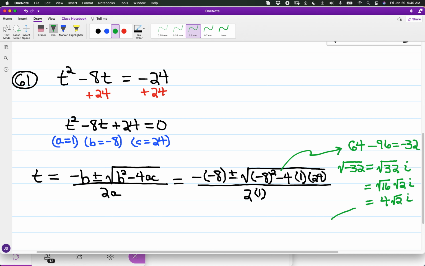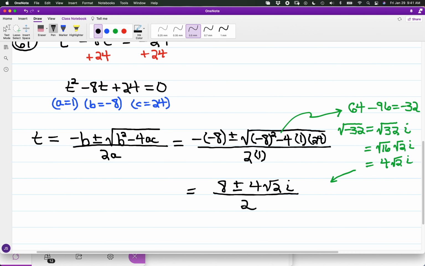Okay, so relaying this over to the next step, we have positive 8 plus or minus 4 times the square root of 2 times i, all over 2.